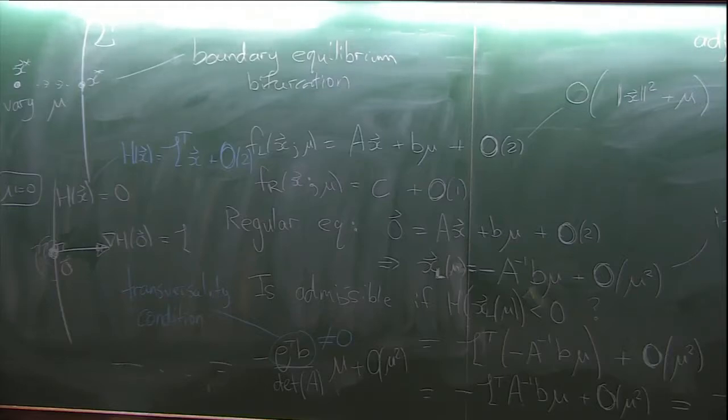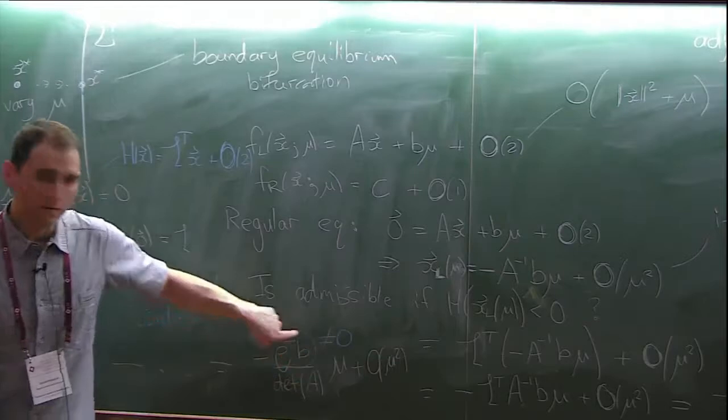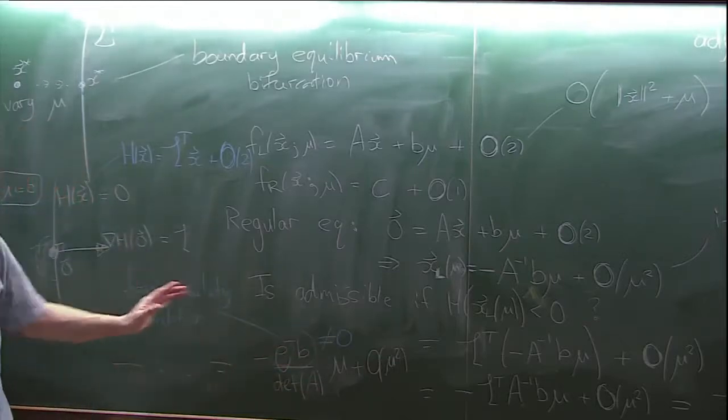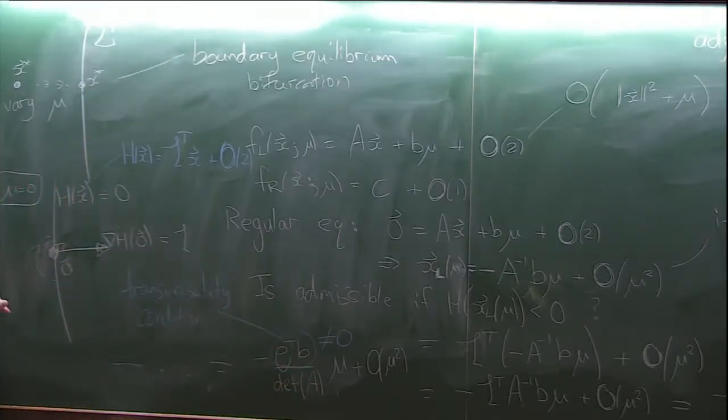So the idea is that we're varying the value of mu. As we vary the value of mu, the sign of this thing changes, and the equilibrium changes from being admissible to virtual.